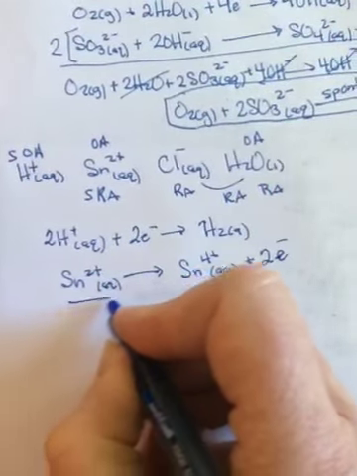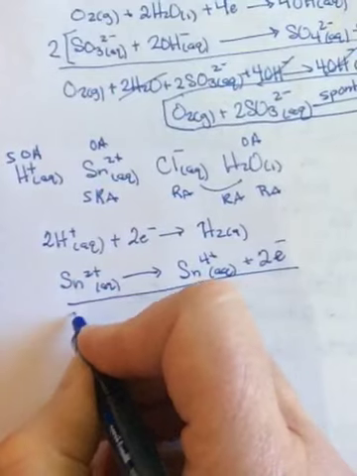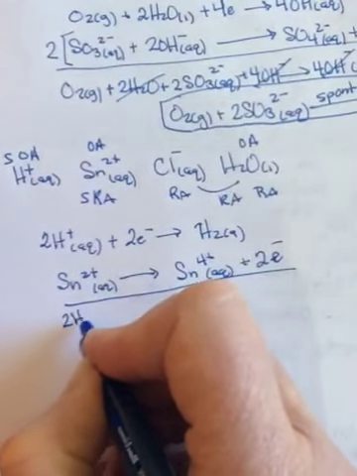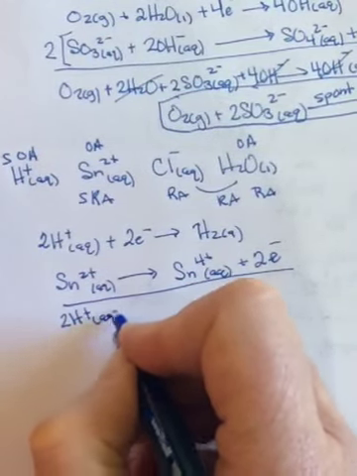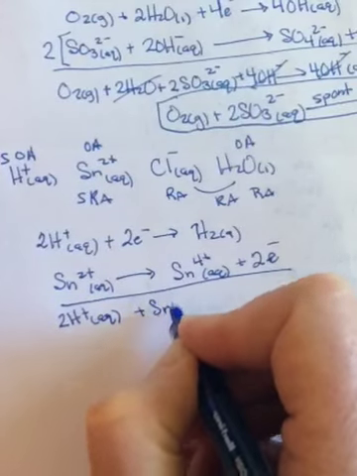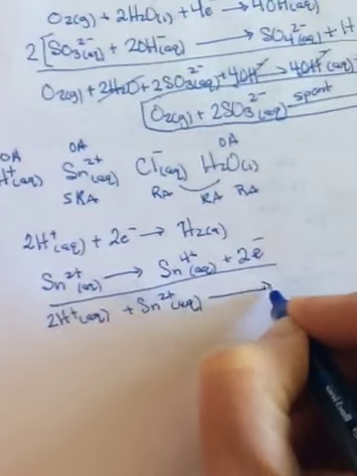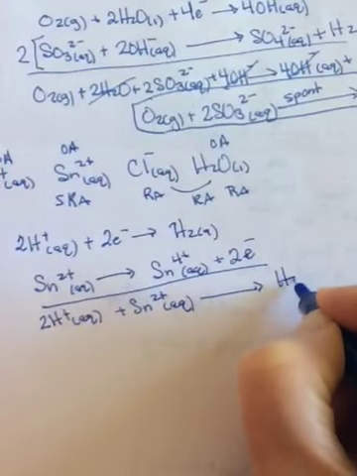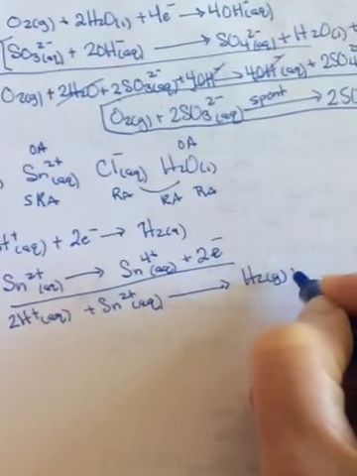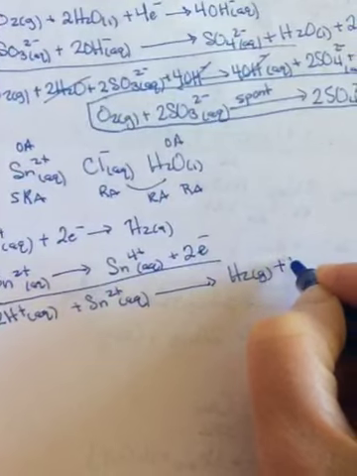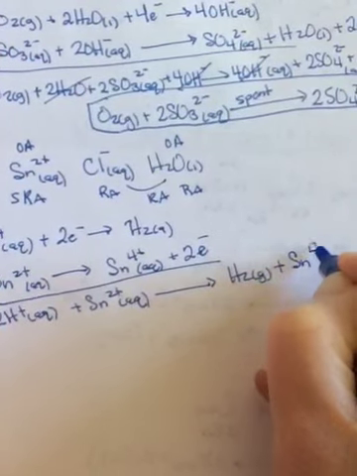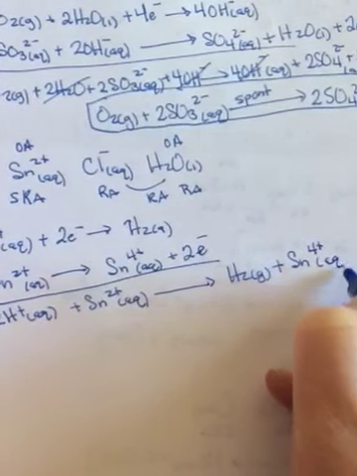These are already balanced, don't need to multiply by anything, so you will have 2H+ aqueous plus Sn2+ aqueous going to H2 gas plus Sn4+ aqueous.